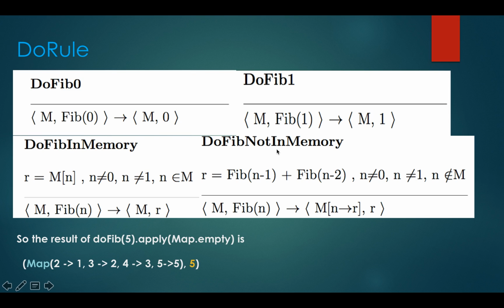And if the value is not in the memory, we will calculate it and give it a new mapping into the memory. The result after running our function with parameter 5 would be this, and according to the do rule, the map should not include 0 and 1.